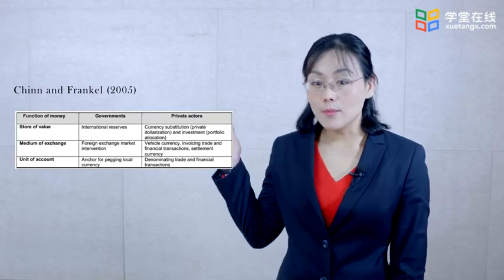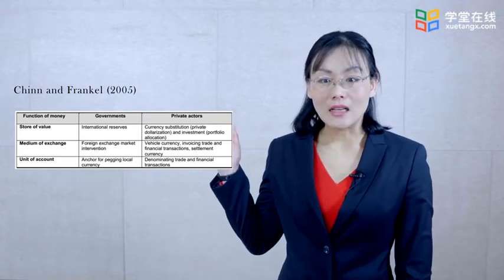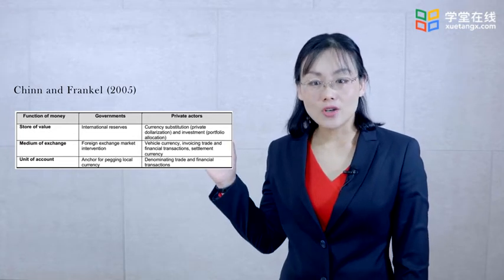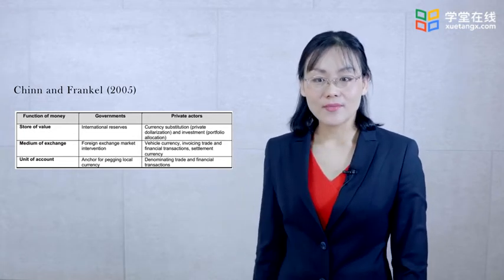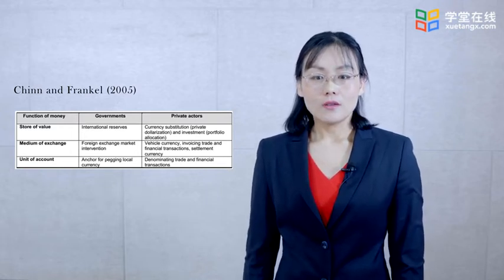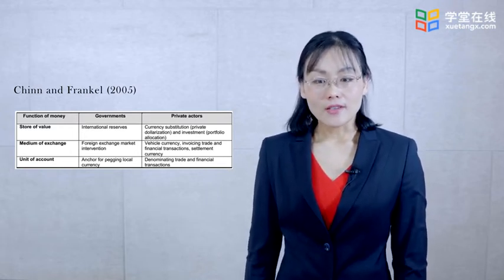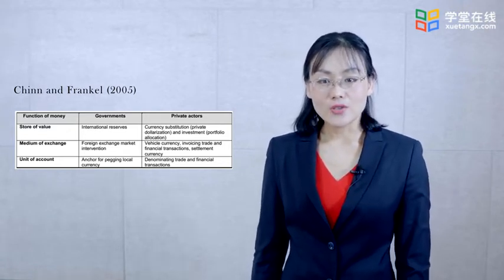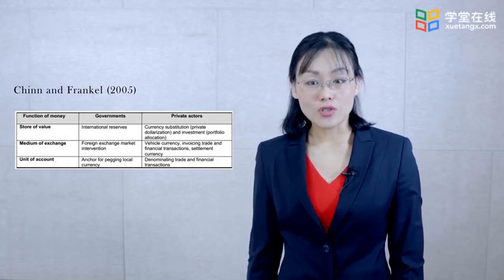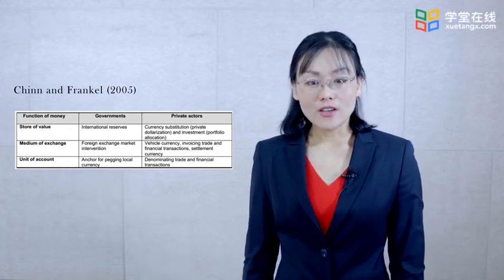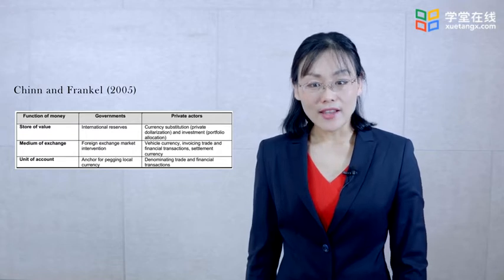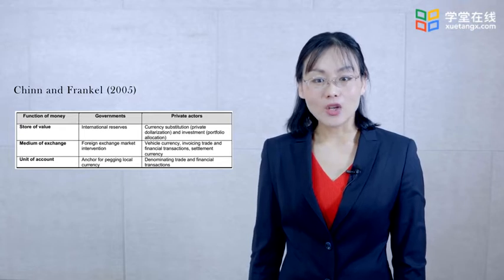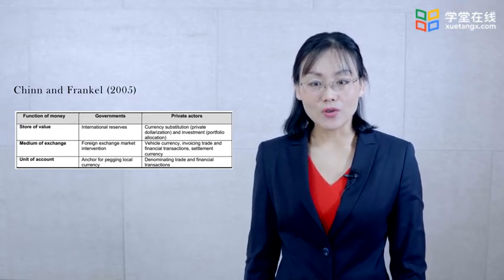Let's look at the table showing a 3x2 matrix with 3 rows and 2 sectors. When international currency is used for private purposes, it's used for currency substitution, bridging currency trading in foreign exchange markets, and invoicing and denominating trade and financial transactions.